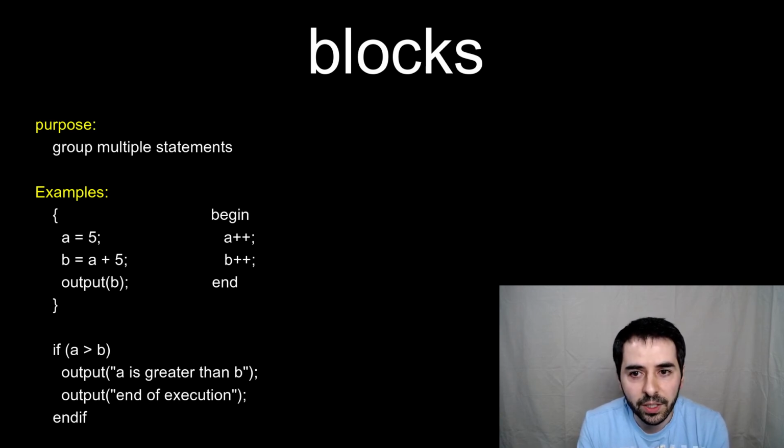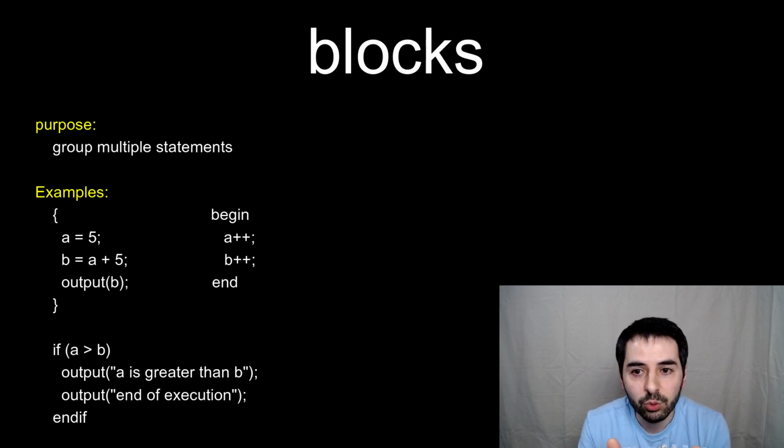That gives you a way to group statements together, which is useful, as we'll see in the next video. When we get to control flow statements, we'll see that the syntax requires that after one statement there is only a single statement or a block.